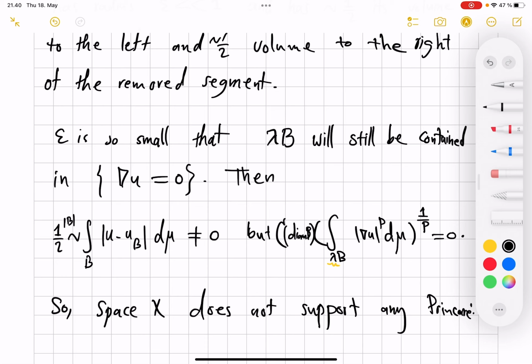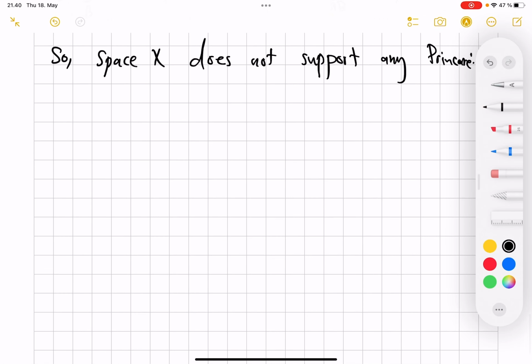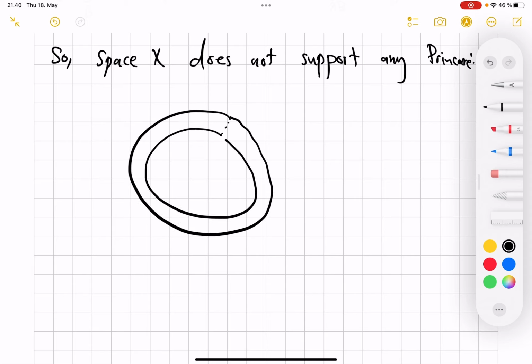I already mentioned that the Poincare inequality does imply quasi-convexity of the space. Let's repeat this picture and see that this space is indeed not quasi-convex. So this is basically my space, only the inside. Why is this not quasi-convex? For the same reason. There are points such that for every epsilon positive, there exist x and y with distance of x to y equal to epsilon.